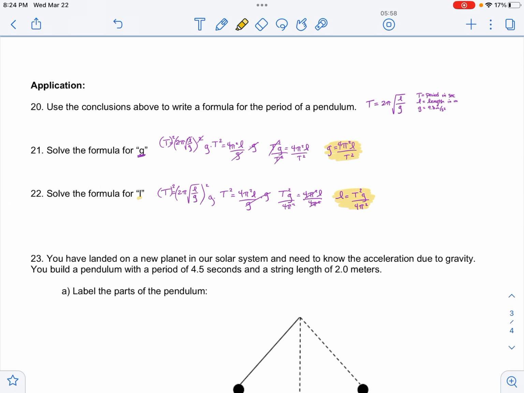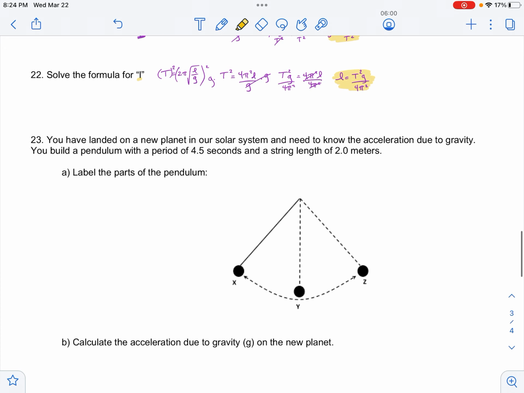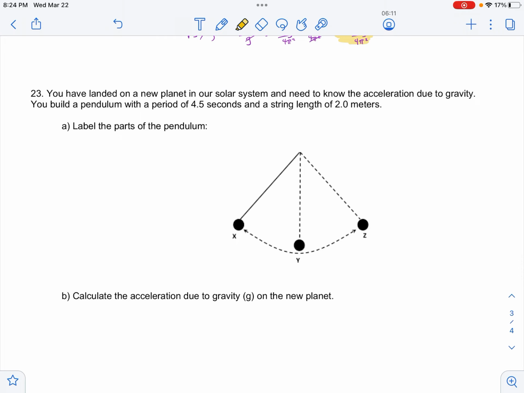All right? So for problem 23 here, on part A, you have that in your notes, so you can go back and label that pendulum. For part B, it asks you to calculate the acceleration due to gravity. All right?